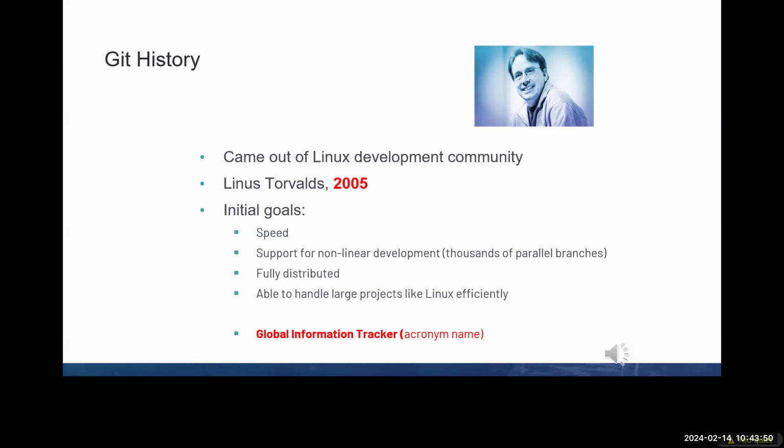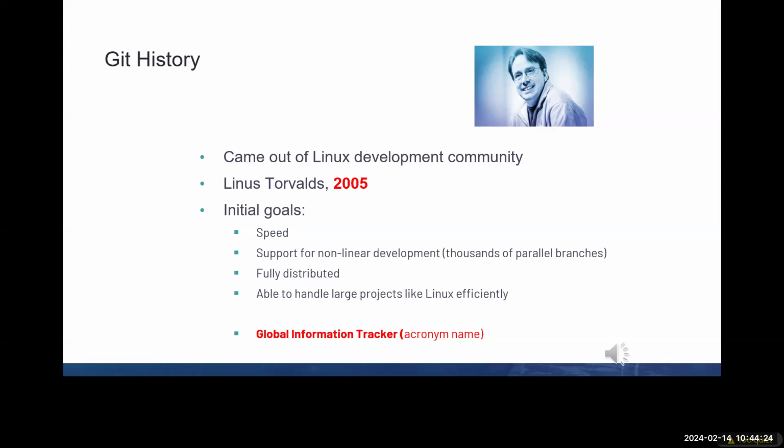The initial goal of Git is speed, because as you can see, if you are working in a group, you don't need to wait for your friend to finish his work and give you the latest version to work on it, then send it back to them, etc. You can all work at the same time on the same file, which will accelerate work.